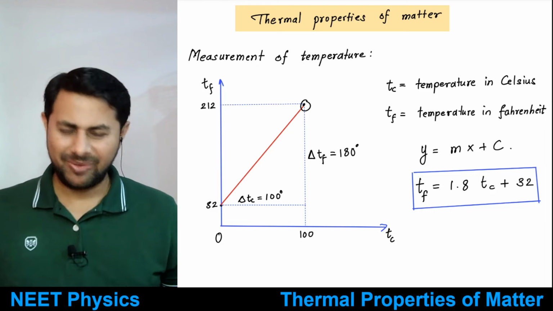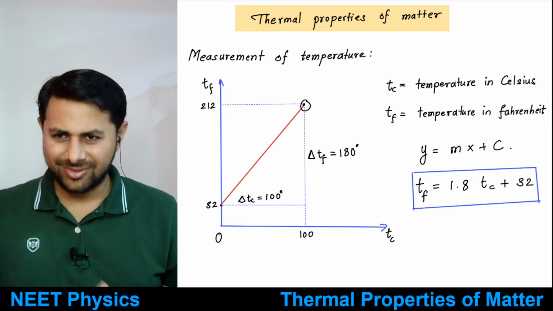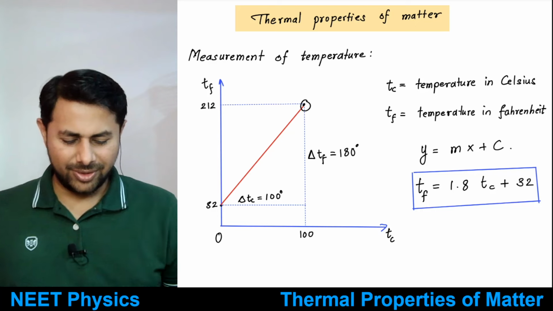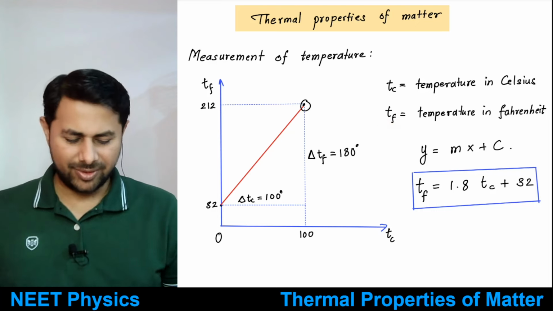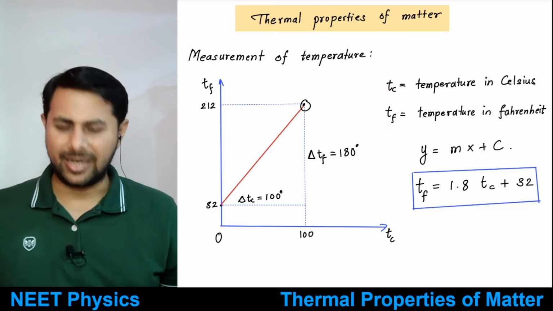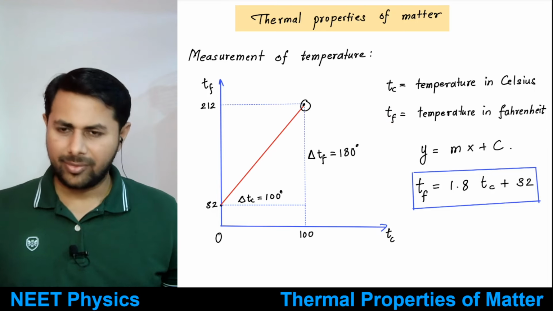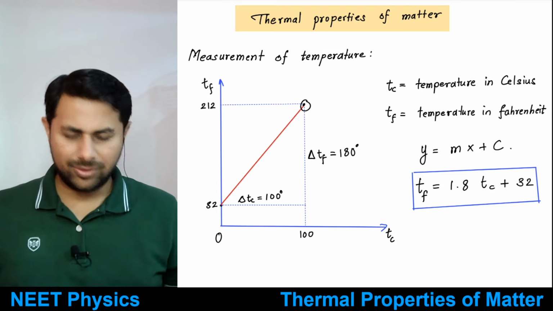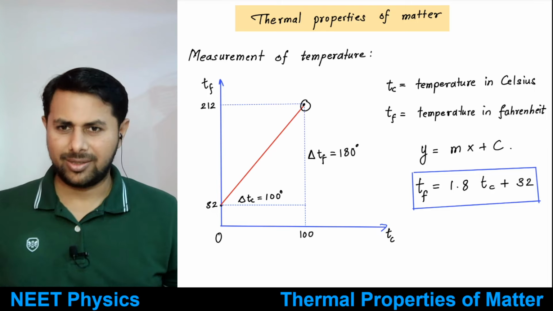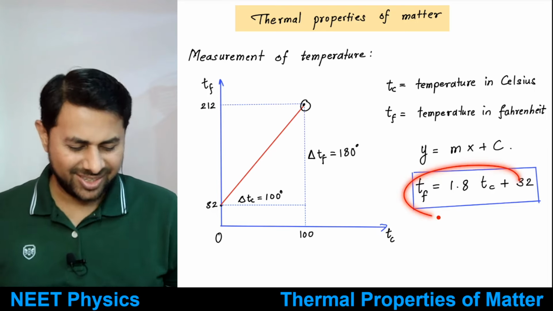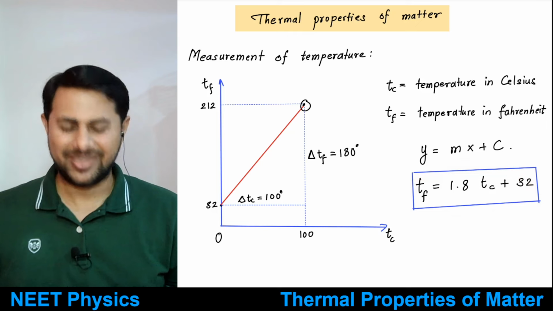But we don't tell the unit. So the unit in that case is Fahrenheit. These two scales, the Celsius scale and Fahrenheit scale, are widely used, so we need to know the relation between them, also because there have been questions based on this in the exam.